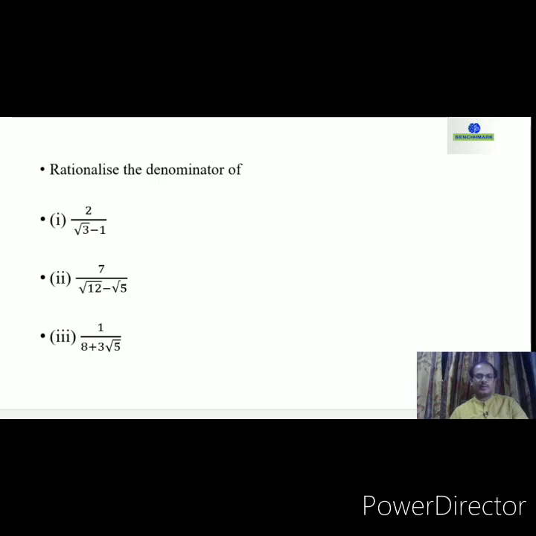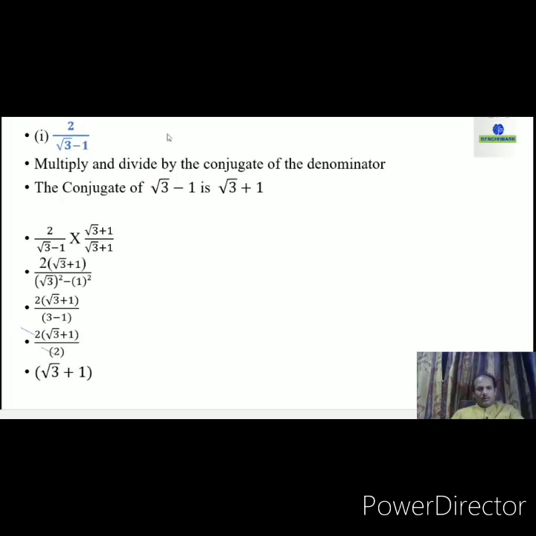Let's solve one question at a time. Let's take a simple example of rationalizing the denominator. We have the first question as 2 upon root 3 minus 1. Now we are going to multiply and divide by the conjugate of the denominator. The conjugate of root 3 minus 1 is root 3 plus 1.